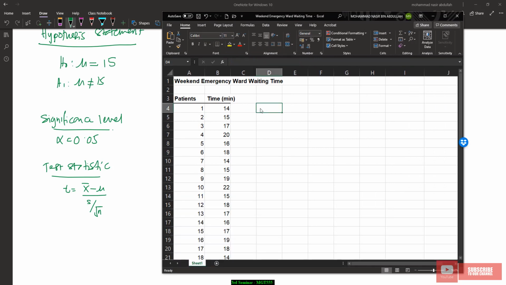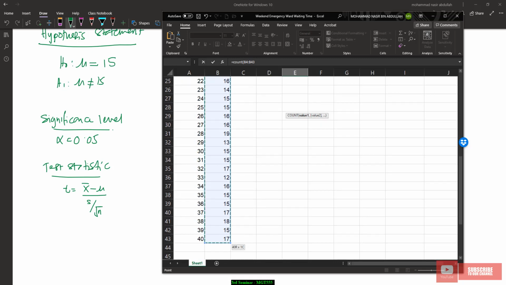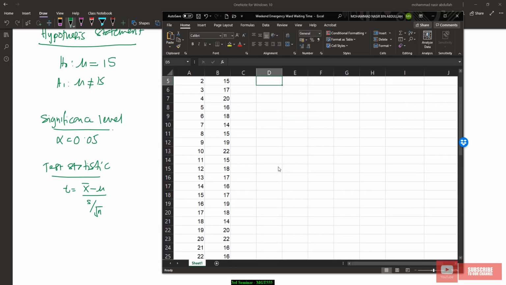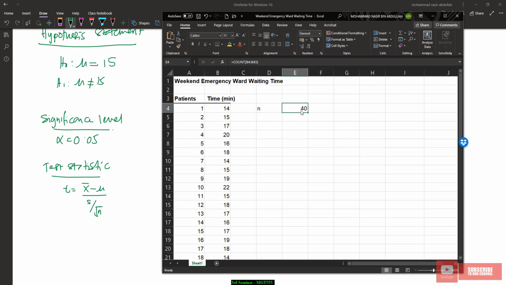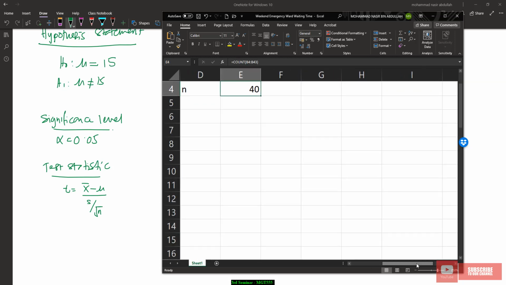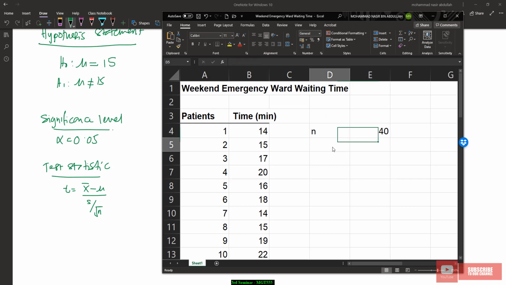In our Excel file, we need to state our N equal to the count of all the numbers from B4 to B43. And our alpha equal to 0.05.